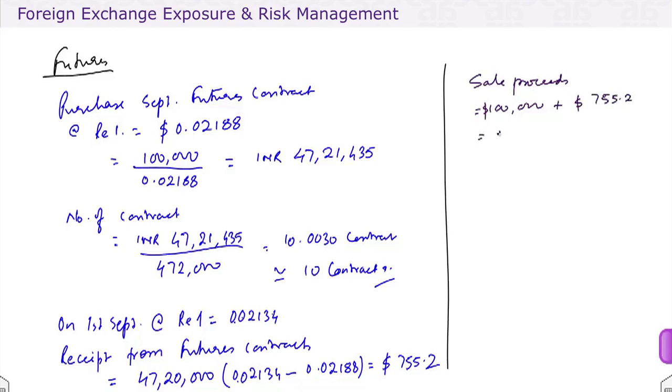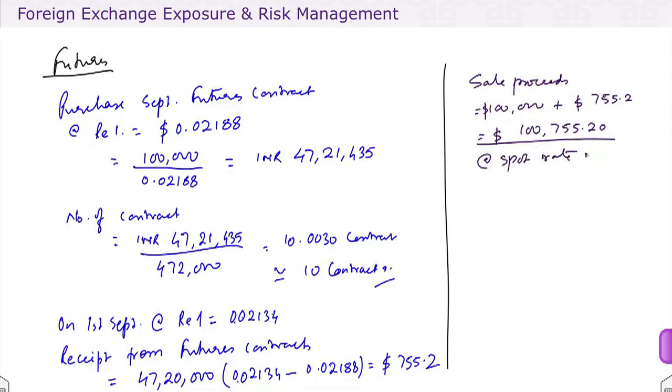So effectively you are getting $1 lakh 755.20, and since it's happening on 1st of September, your sales proceeds would be these many dollars at the spot rate for September.